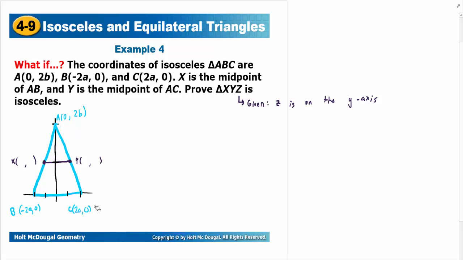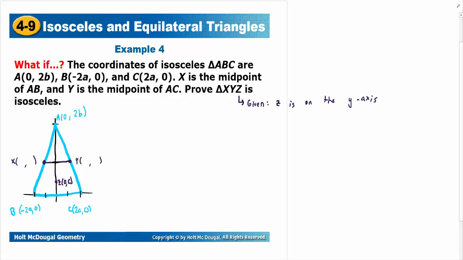If it's in the middle, then we can prove this. So I can say Z is on the y-axis, doesn't matter where. I'll call that Z, and I'll just use that point, I'll call it (0, c).